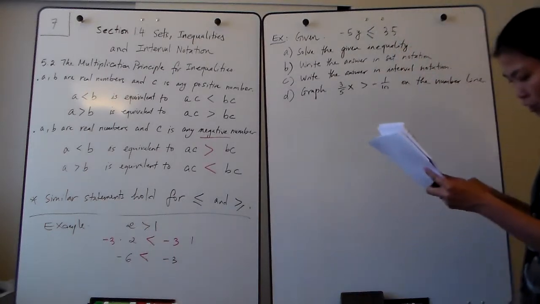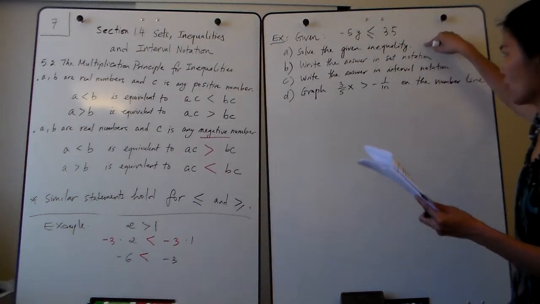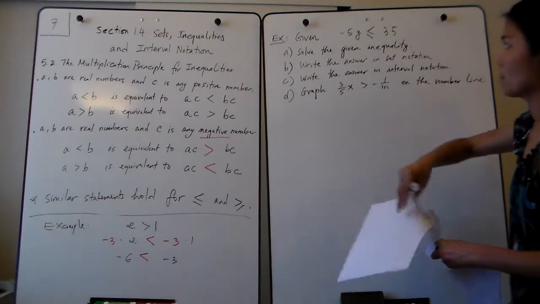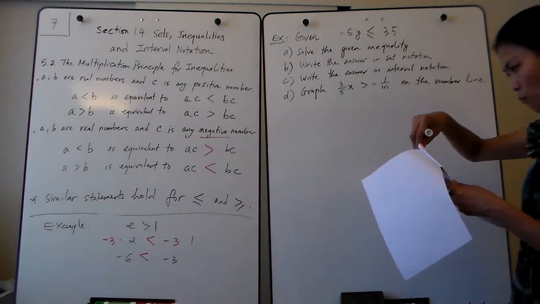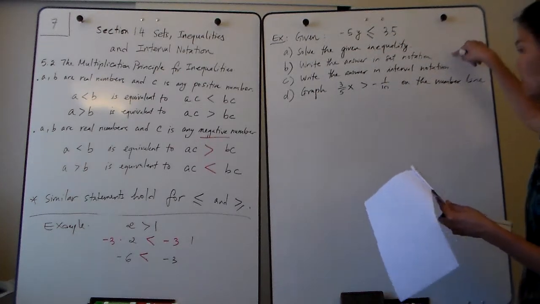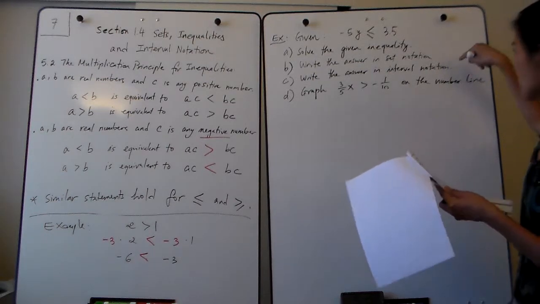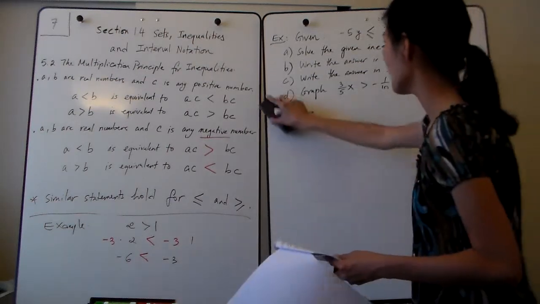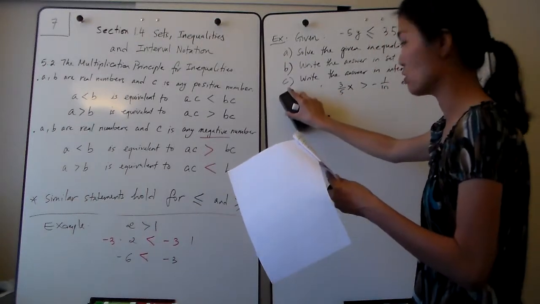Solve the given inequality, so it's the same question. It means we solve for y in this case. Write the answer in set notation, similar. Write the answer in interval notation. Alright? The only thing different is I do not ask you to graph.